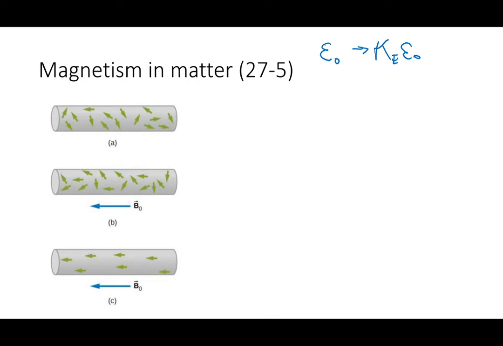This dielectric constant. Because the dielectric partially polarized and partially canceled out some electric field. So we have to modify that. Similar things happen with your magnetic field, right? You have to change the permeability of free space from a vacuum to kappa mu naught as well.